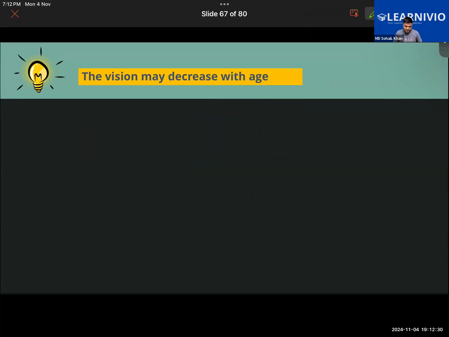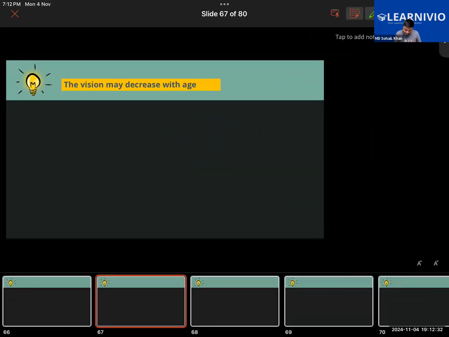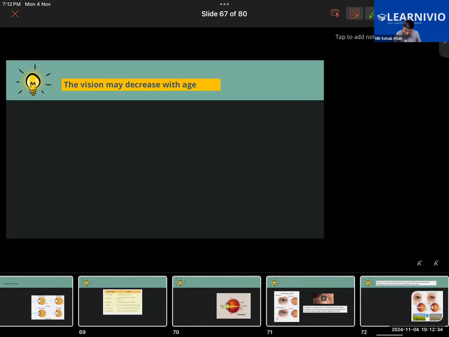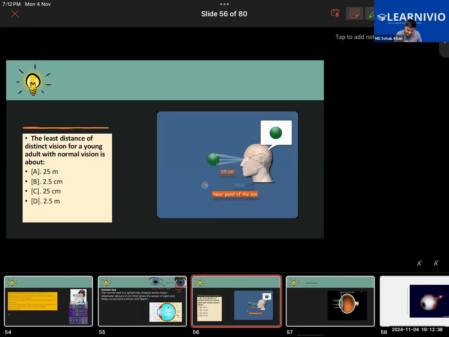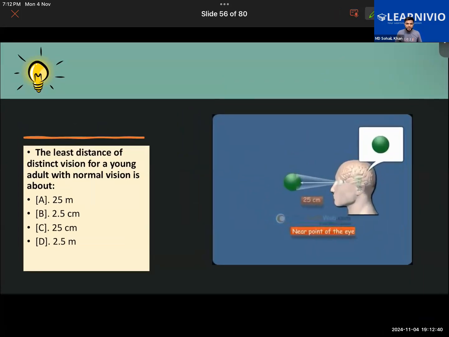Okay. There is one more thing I have to discuss with you guys, about this topic here: the least distance of distinct vision. See, there's a limit to the range up to which the human eye can see.